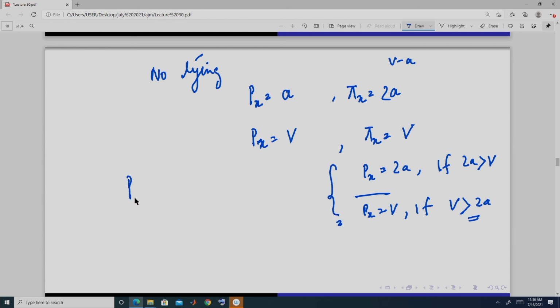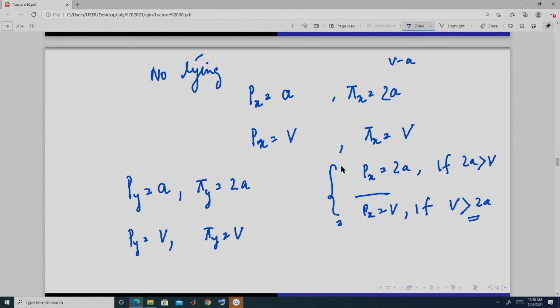And for the price of good Y, it can set the price A. Then consumer 2 is going to buy it. Profit of the monopolist is: consumer 2 is going to buy and consumer 3 is going to buy. So, it is 2A. If it sets the price this, only consumer 3 is going to buy. So, it is going to be this.